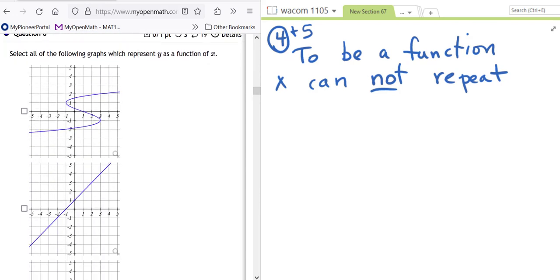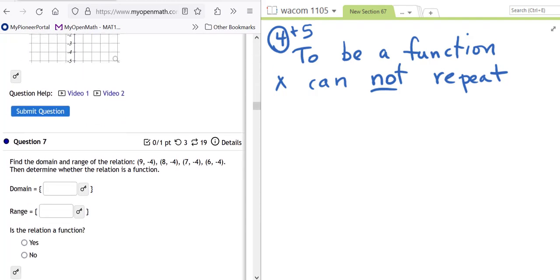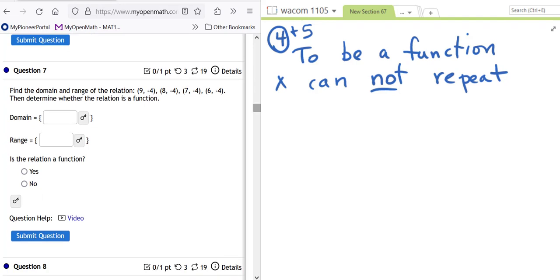This is vertical line test again, which I will skip. So we did one of those. Now they are asking us to give the domain and range. Domain is all the X coordinates, range is the Y coordinates, and it does not have to be a function to answer domain and range. For the function, you will go with X can't repeat.